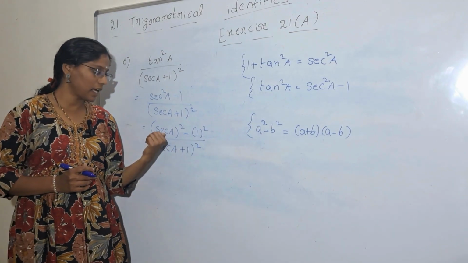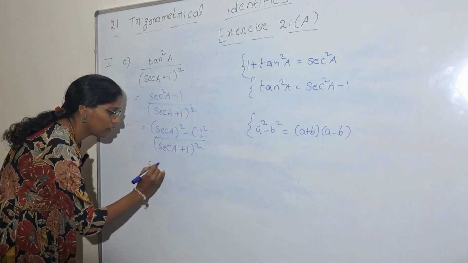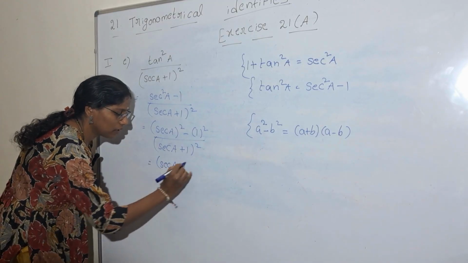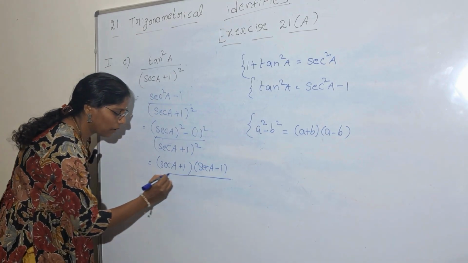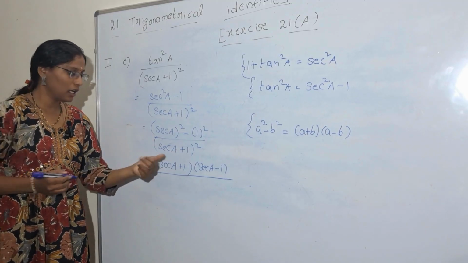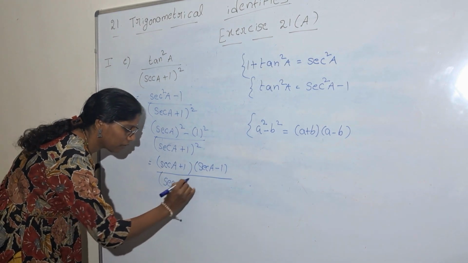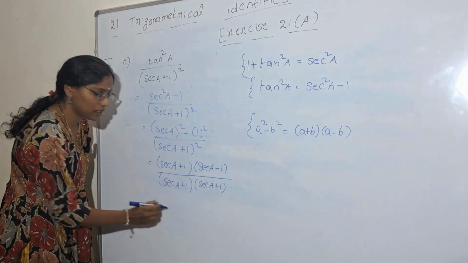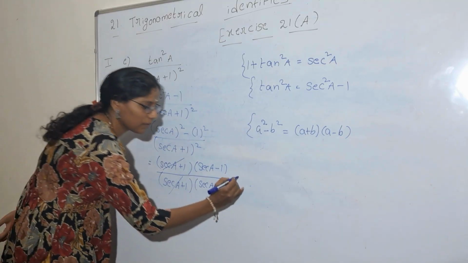Instead of A, secant A, instead of B, 1. Secant A plus 1, secant A minus 1 by denominator secant A plus 1 whole square, 2 times is there. So separately I will write secant A plus 1 times, secant A plus 1 two times. Here cancellation, secant A plus 1, secant A plus 1 cancel.